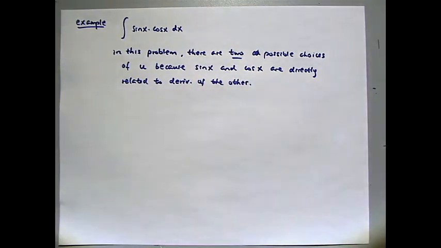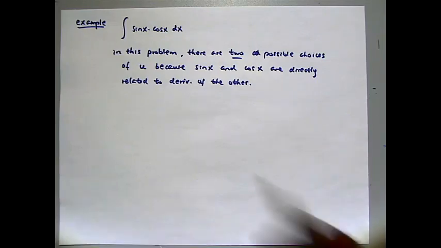The most obvious choice, the most natural choice probably would be u equal to sine of x, because then du is cosine of x dx. But there's nothing wrong with the other choice. We'll work through both of them.